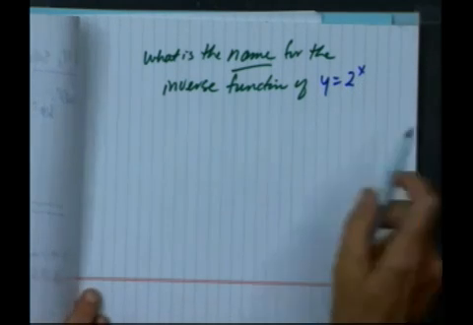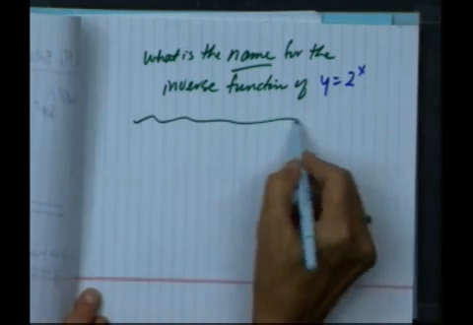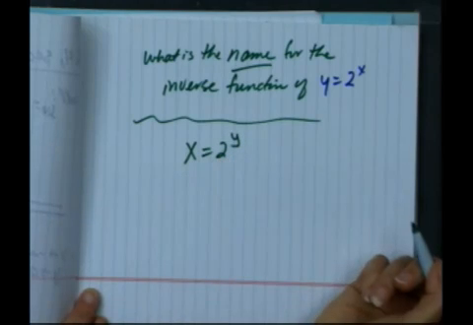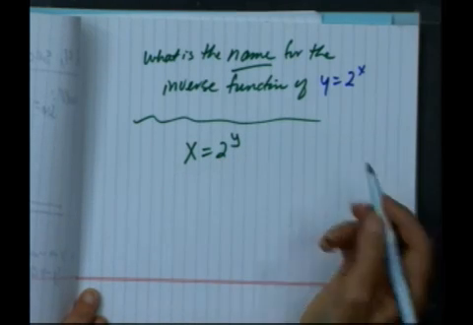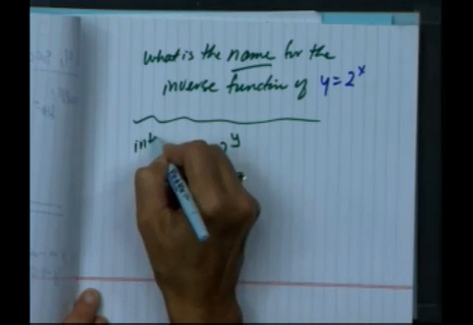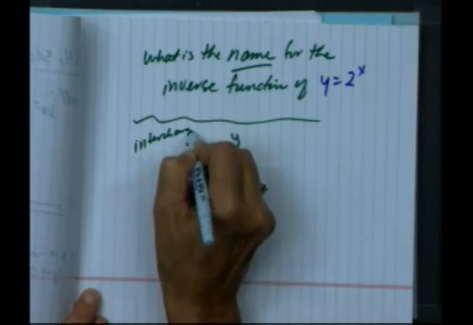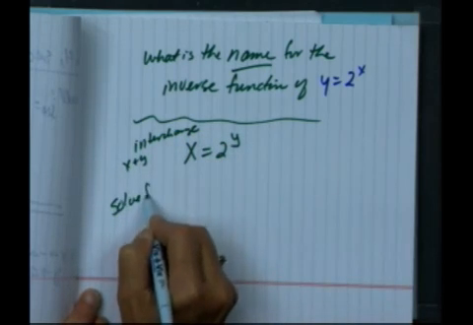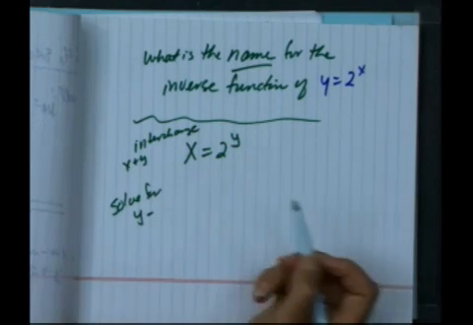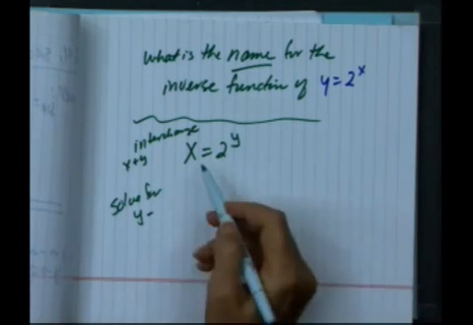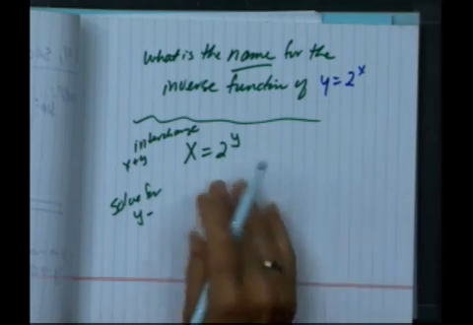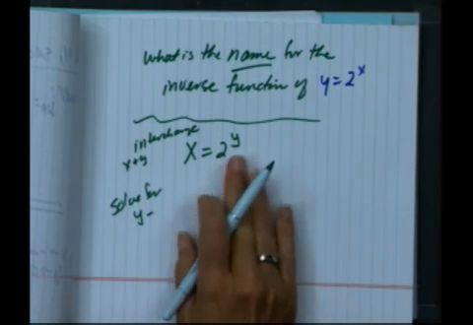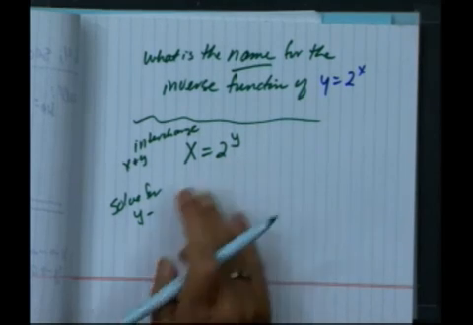Well, when you tried to solve for an inverse algebraically, didn't you interchange x and y? Interchange x and y, and then you have to solve for y when you were looking for an inverse. Well, the problem is, without a definition, we don't know how to solve this for y.